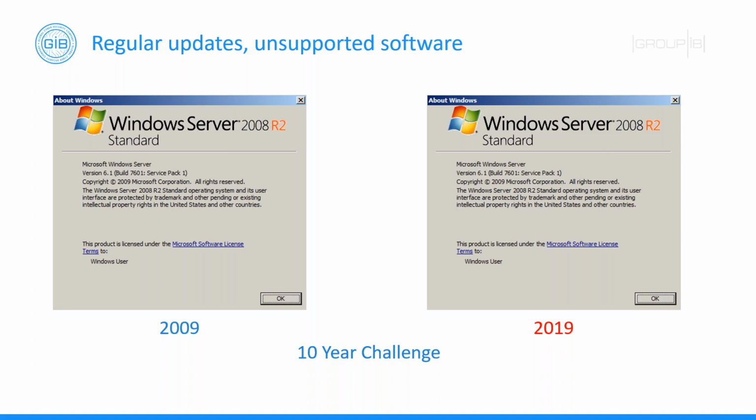The next problem is that a lot of events in newer versions of Windows operating systems are very useful for the incident response process.